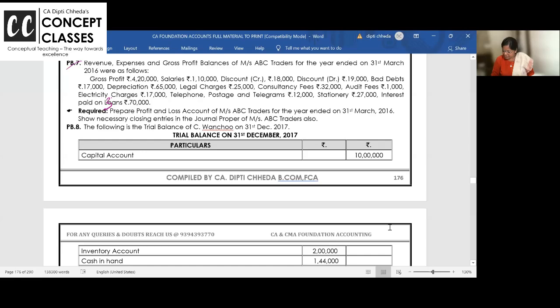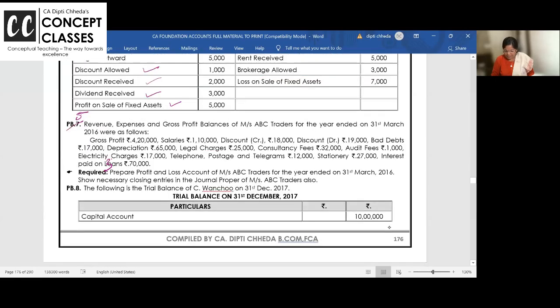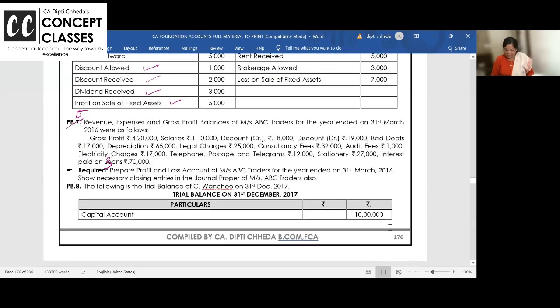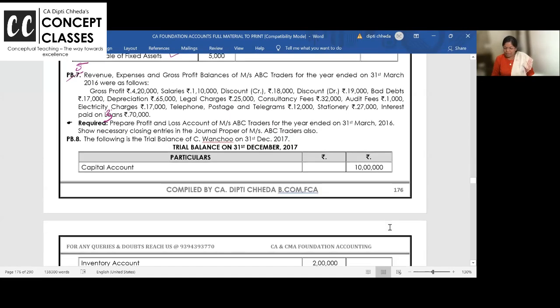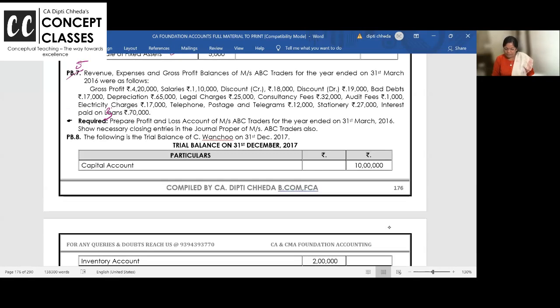Fifth problem is homework for today. I'll share the balance sheet format and the adjustments in the very next class. Fifth problem: revenue, expenses and GP are given to you. Salaries, discount, bad debt, depreciation. It's a 5 minute problem. Interest paid on loan, everything is given.